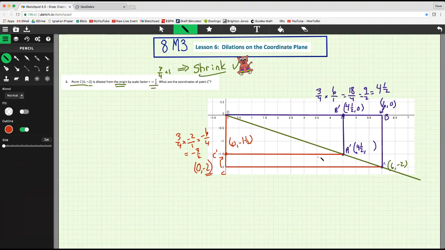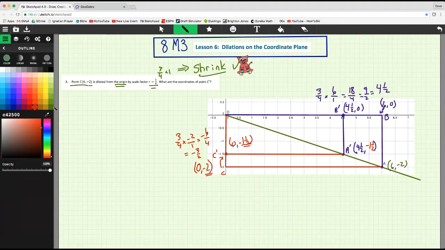And if this line is parallel to this one, then it's a horizontal line. And so everything on this line has the same y coordinate, negative 1.5. So our answer is 4.5 comma negative 1.5.